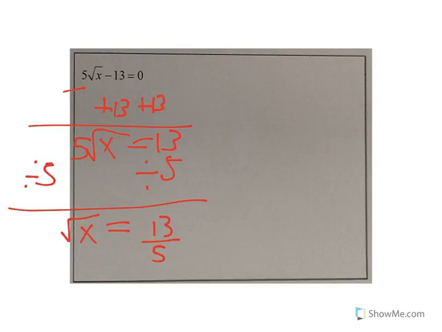Then I square both sides, and x is equal to 169 divided by 25. You can simplify that as well. That would be 6 and 19/25, one way of simplifying it.